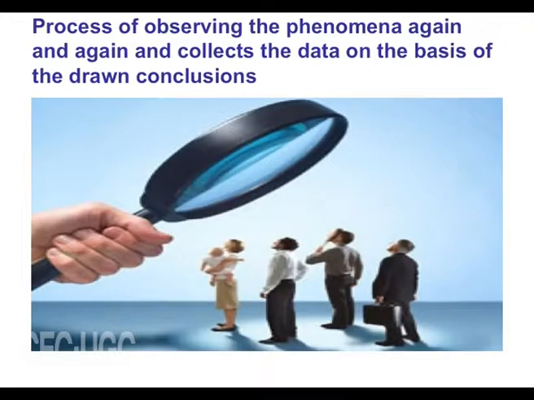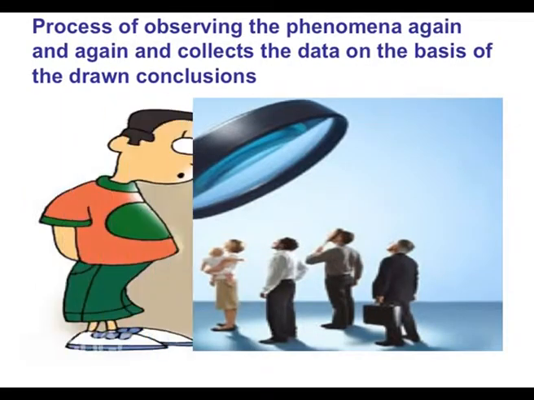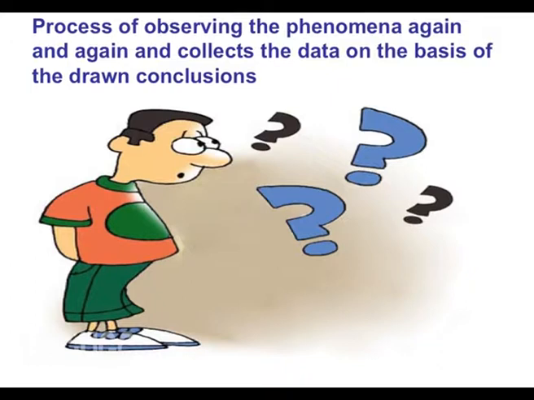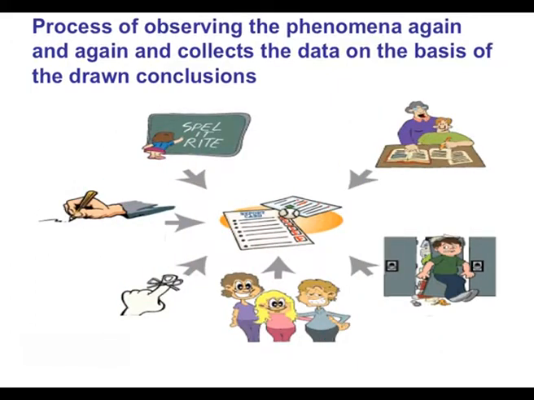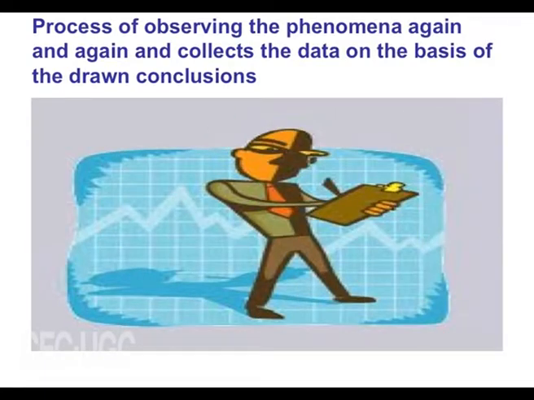Together they form a noun describing a careful, systematic, patient study and investigation in some field of knowledge undertaken to establish facts or principles. Thus, research is a process in which a person observes the phenomena again and again and collects the data on the basis of which he draws some conclusions.